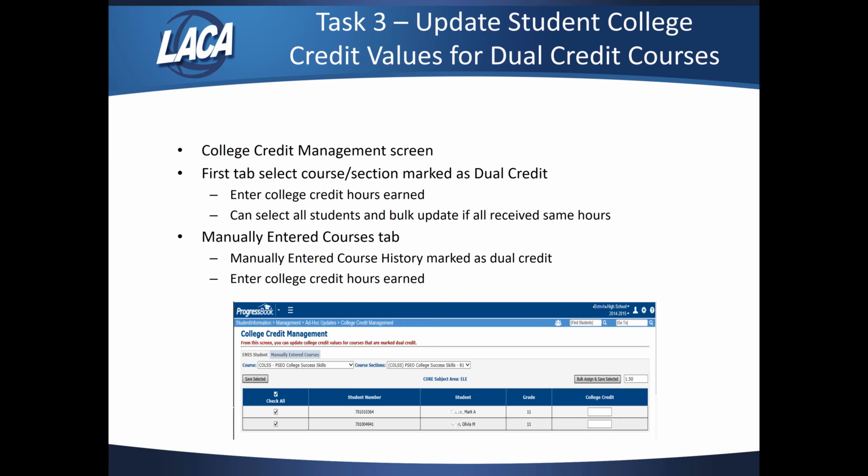So that's something you need to look at too, making sure that you don't have the courses entered in multiple times. But if that college credit value on the college credit management screen is blank or 0, they're not getting any college credit hours credit for that course.